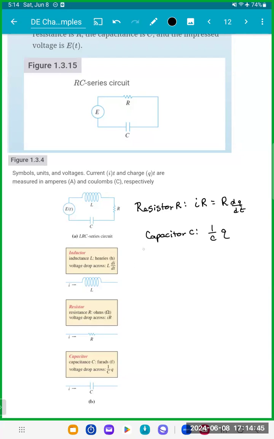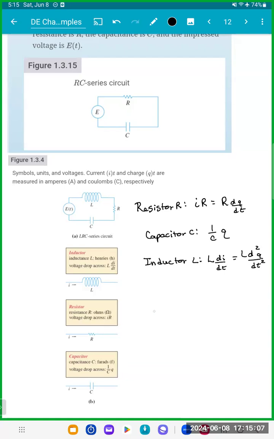And I'll put here, we're not going to use this, but remember the inductor, and it's also in the text, is going to be our L di/dt, which is L times the second derivative, d squared q over dt squared. Okay.